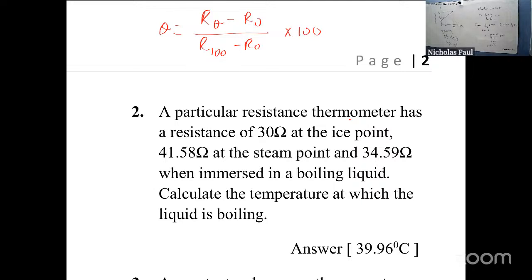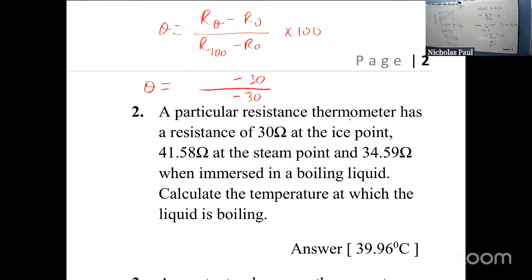That's wrong. Number 3 was the one that was wrong. So therefore, at the ice point it is 30.